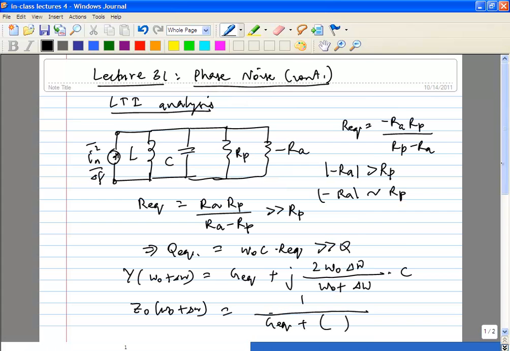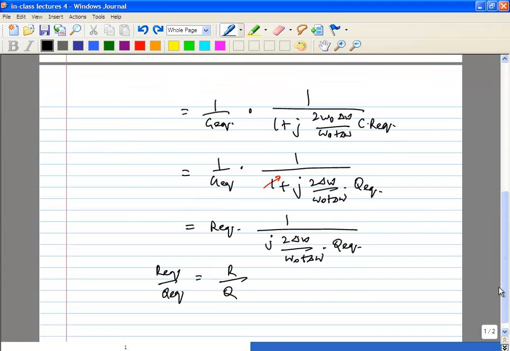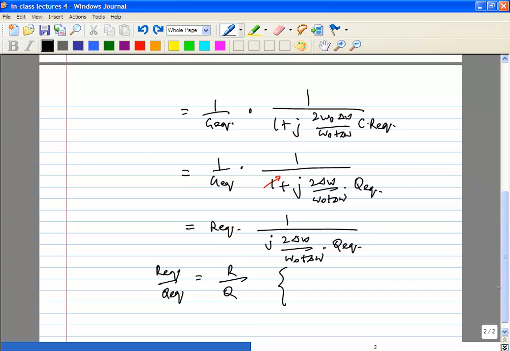Because your Q, oops, sorry. Okay, so obviously your R equivalent or Q equivalent will be R over Q.